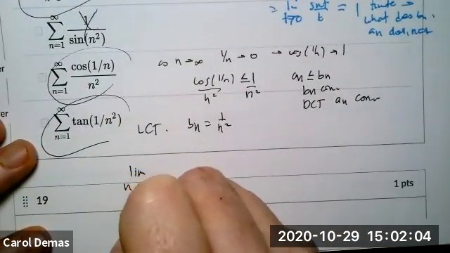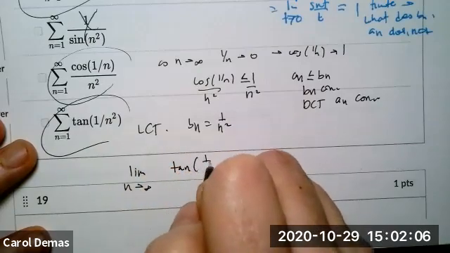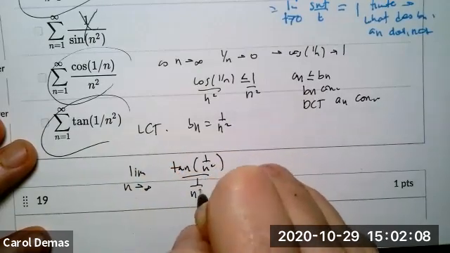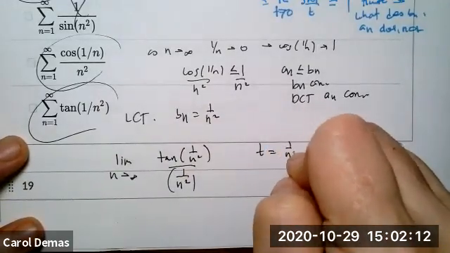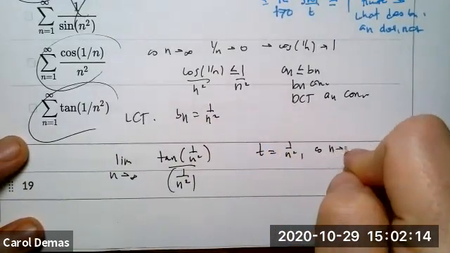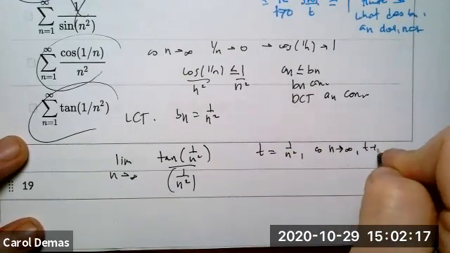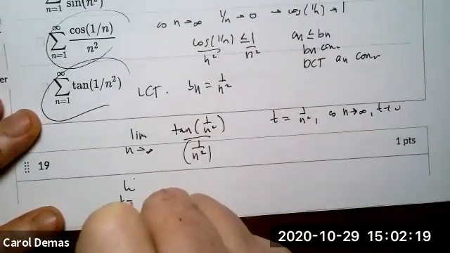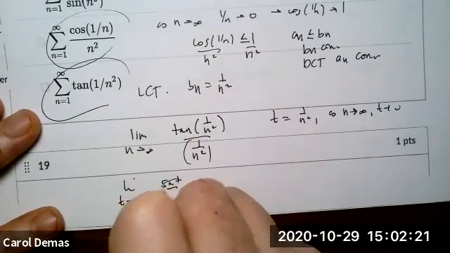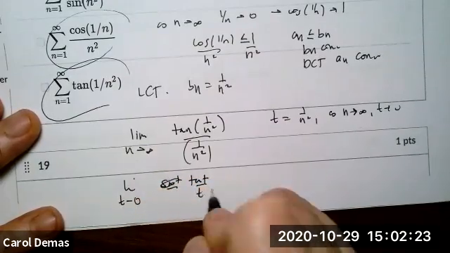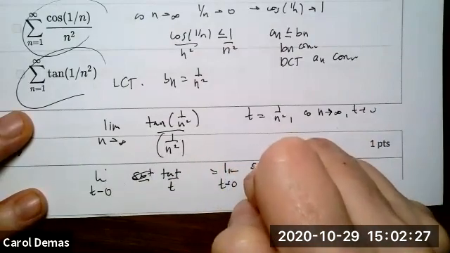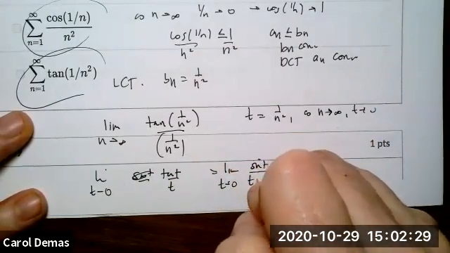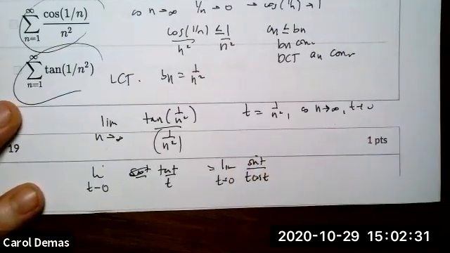Limit as n goes to infinity, tangent of 1 over n squared over 1 over n squared. We're going to let t be 1 over n squared. As n goes to infinity, t goes to 0. So we'll have the limit as t goes to 0 of tangent t over t, which is sine t over t cosine t.